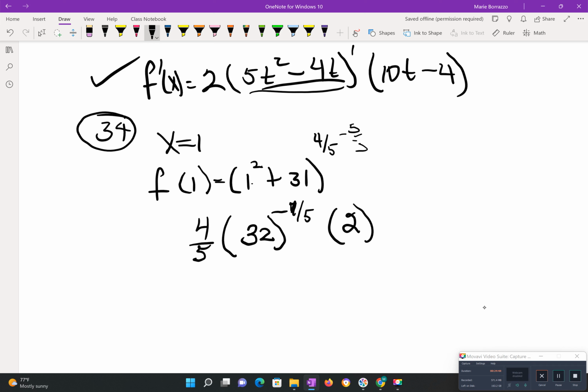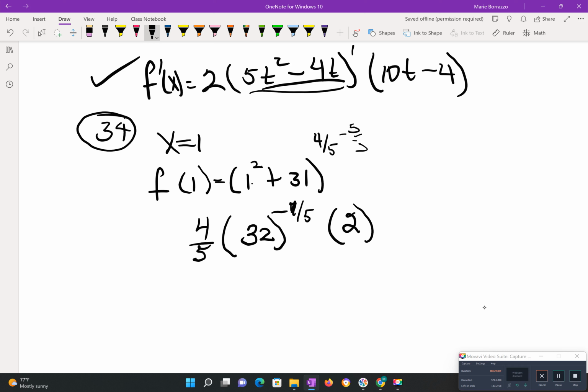Well, if you multiply this together, if you multiply 2 times the 4/5, that's going to give you 8/5. Let me just multiply it straight across at this point.